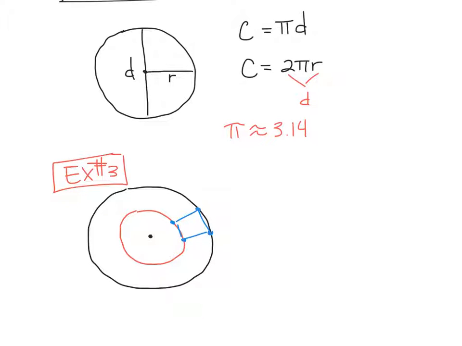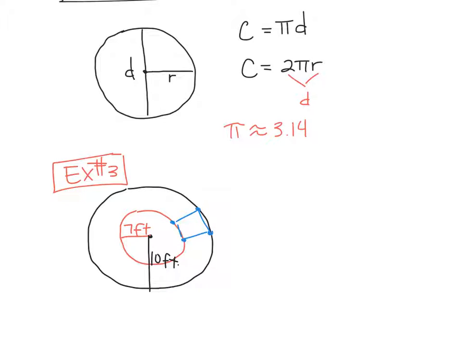So that's what we're gonna look at here. Think NASCAR, think track. How much further does the one go than the other? Okay, and that's circumference. You're finding the circumference of one circle, the circumference of the other circle, and comparing, okay? So let's say the red circle has a radius of 7 feet, and the black circle has a radius of 10 feet.